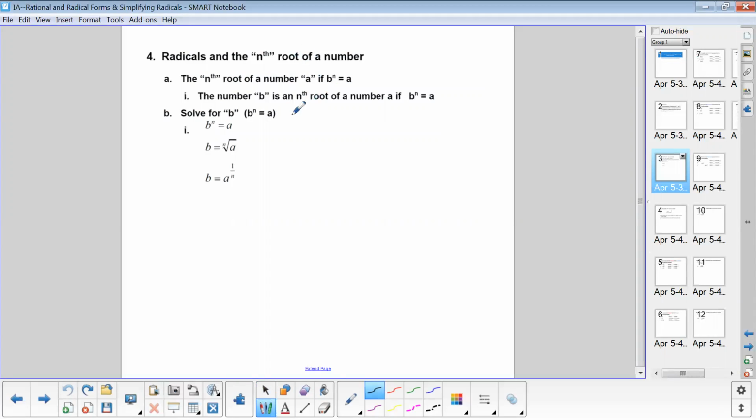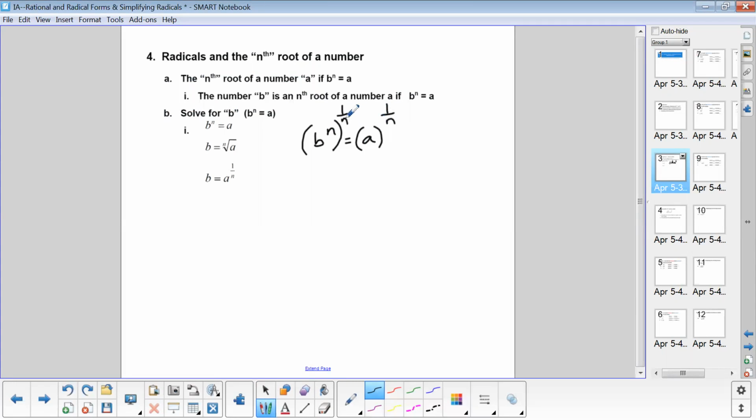and particularly here where we see that we start with b to the n and it equals a. So in this algebraic equation, I would like to solve for b. Well, since I'm raising b to the n power, I could use the power rule and raise it to the 1 divided by n power. Well, I have to do that to both sides.